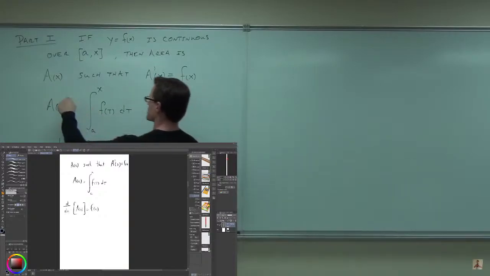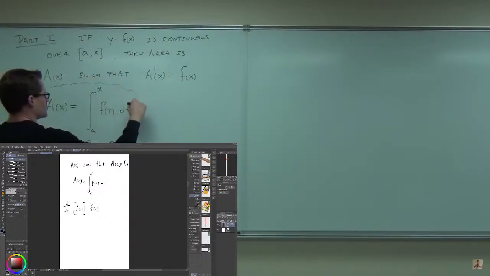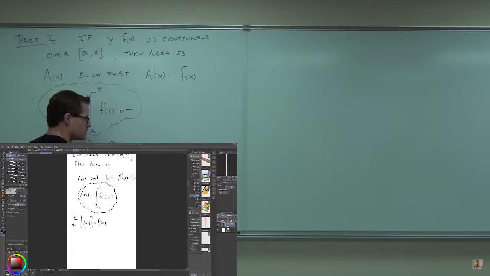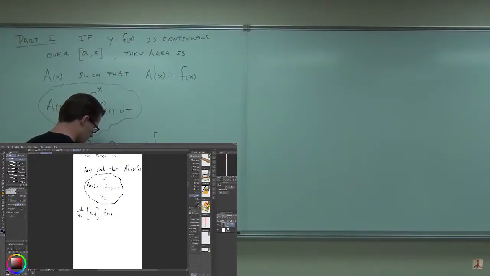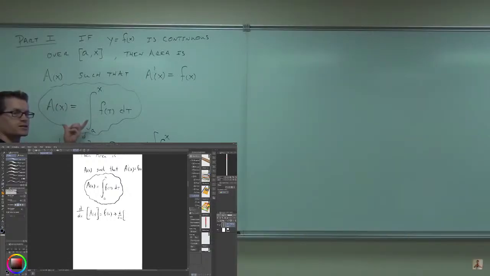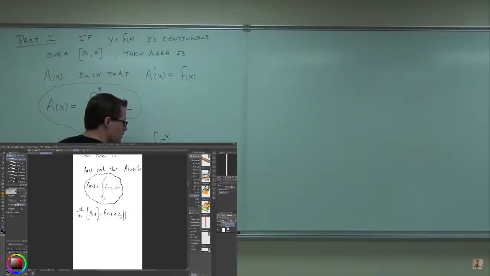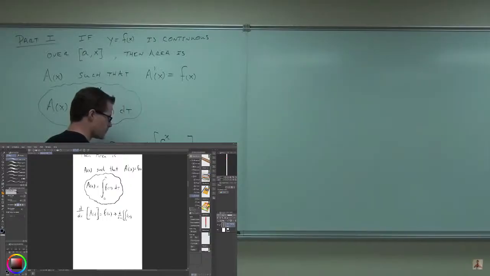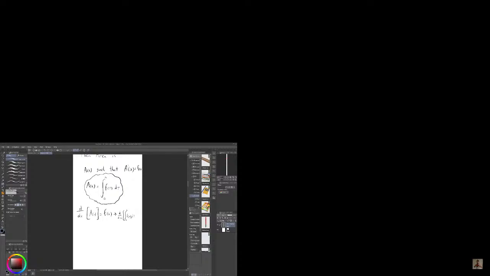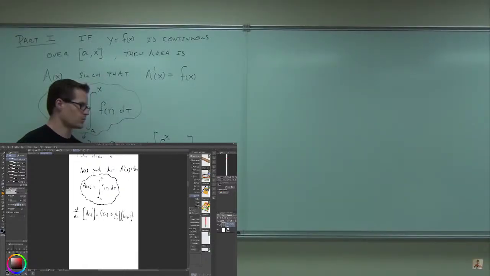However, we also have this statement right here. What I'm going to do is make a little substitution right there. So what this says is the derivative of A of x, here's another interpretation of A of x. What does it have to equal?